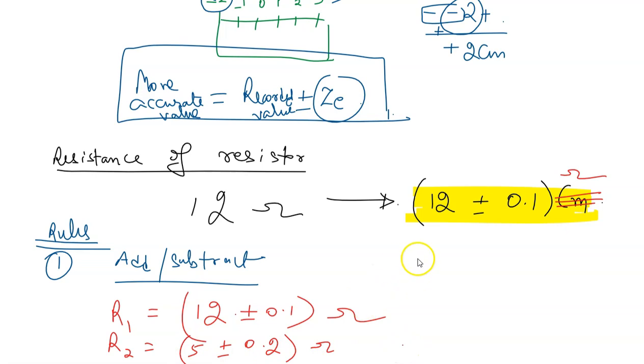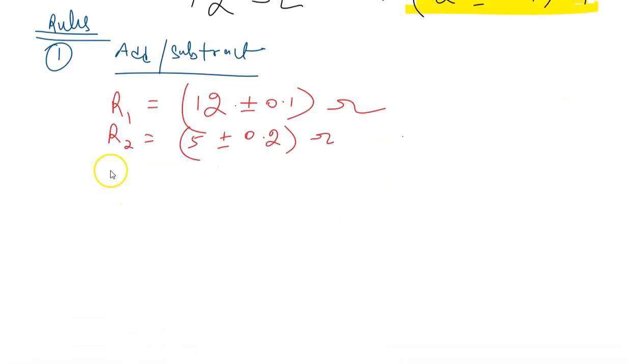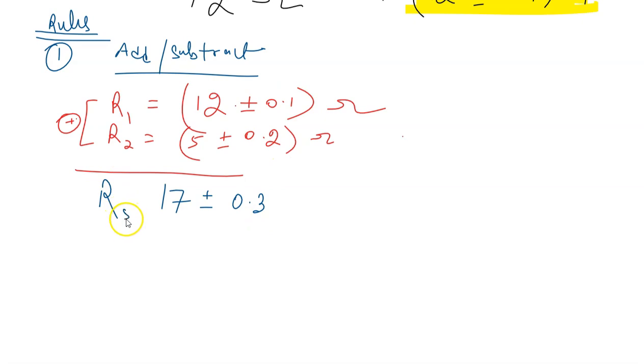Now if I want to find the total resistance in series, I will of course add them. So if I add them, remember we add these values first and then these values, so it will become 17 plus minus, just add them, 0.3. So this will be the resistance in series.